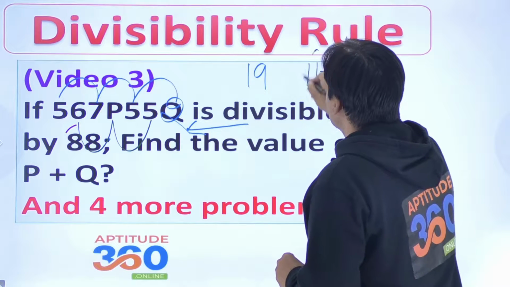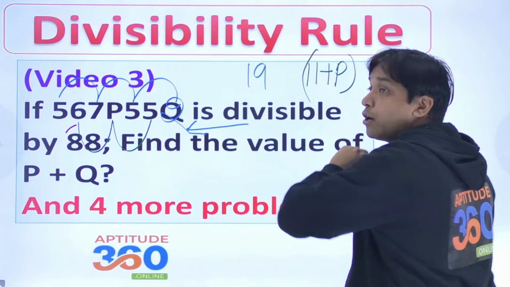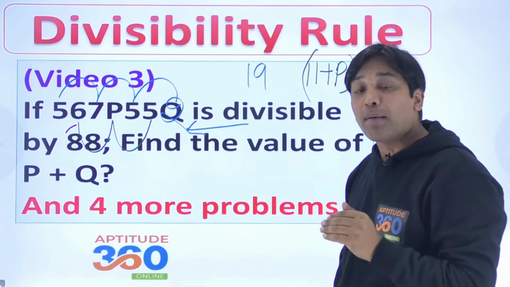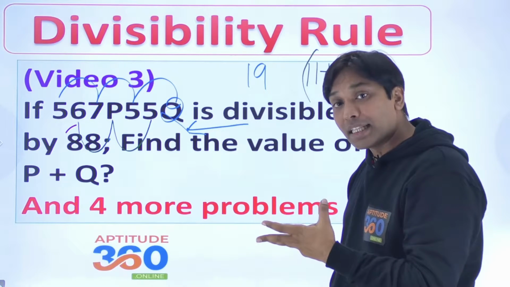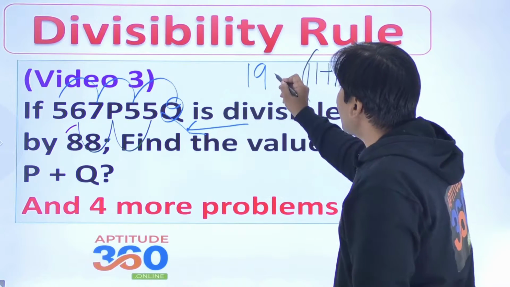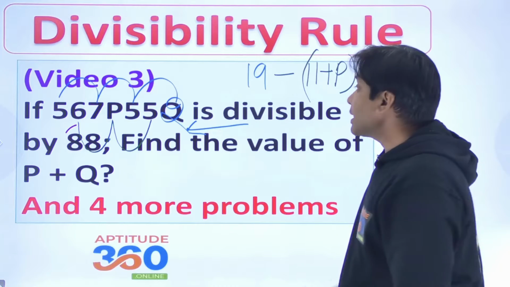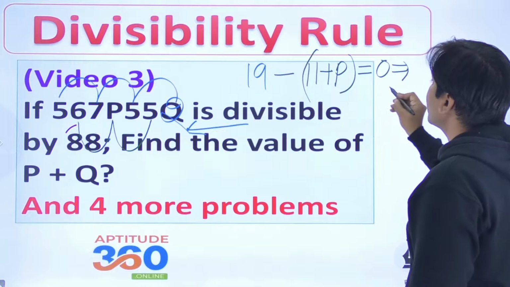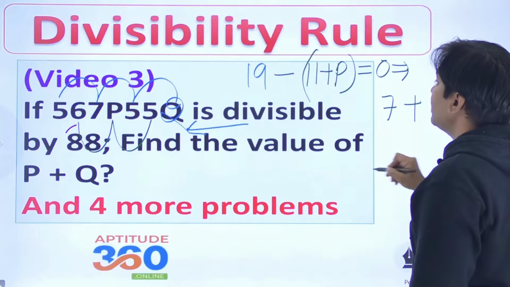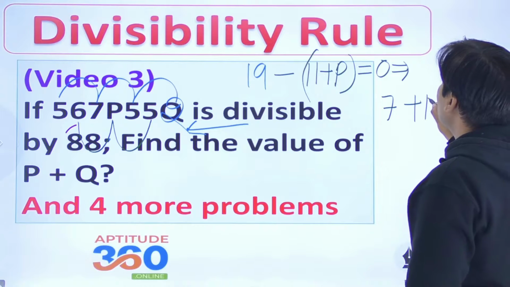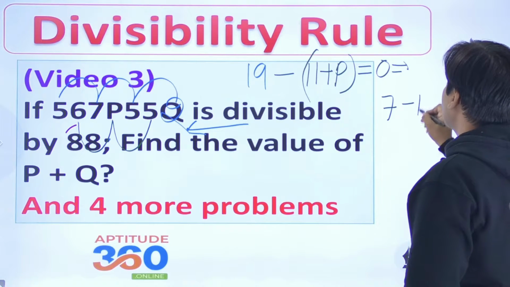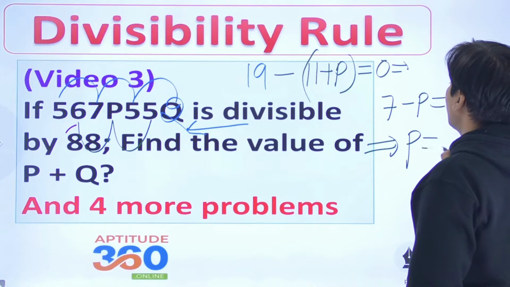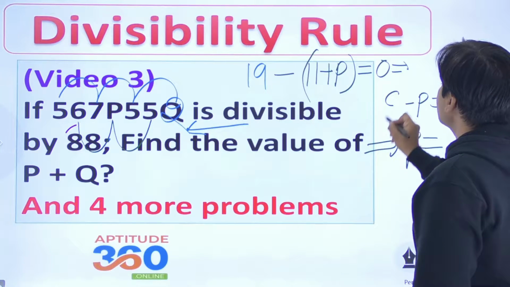Now the sum of digits at odd places is this, whereas the sum of digits at even places is this. मैंने क्या बोला था? बड़े वाले में से छोटे वाले को घटा देंगे और हमारा काम हो जाएगा. यहाँ पे कौन सा दिख रहा है? 19. Negative this number, it has to be nothing but 0. If you find it out, what do you get? This is 8, right? 8 negative p, not positive p. 8 negative p is coming out as 0, and hence the value of p is coming out as 8, right?